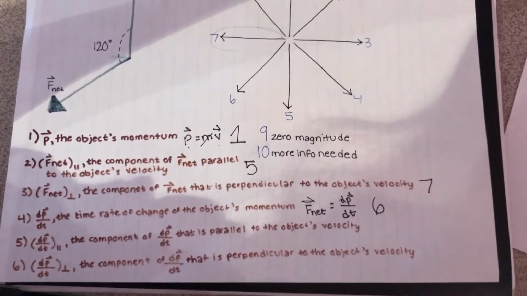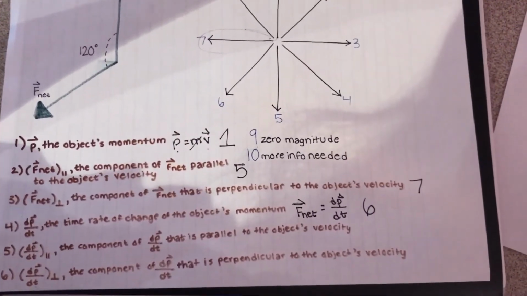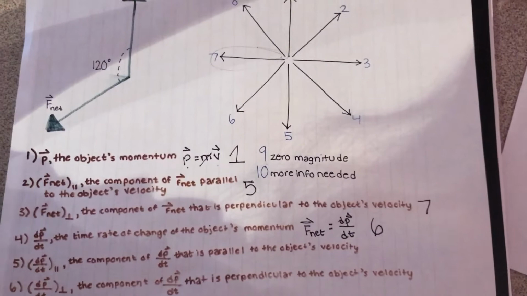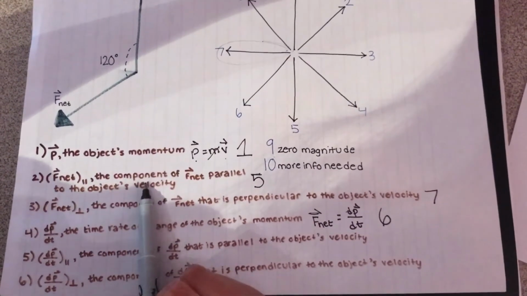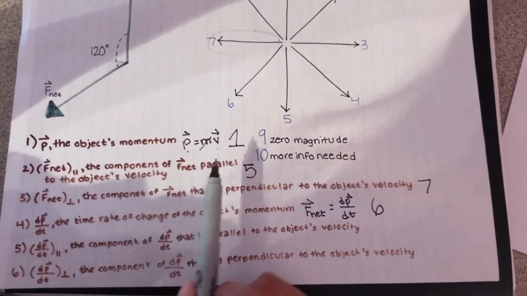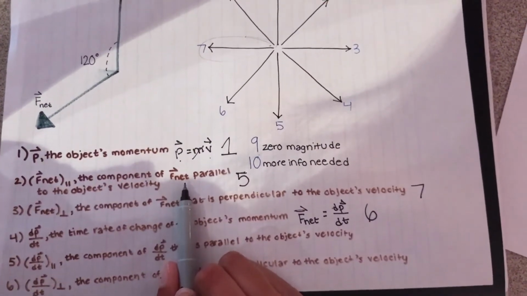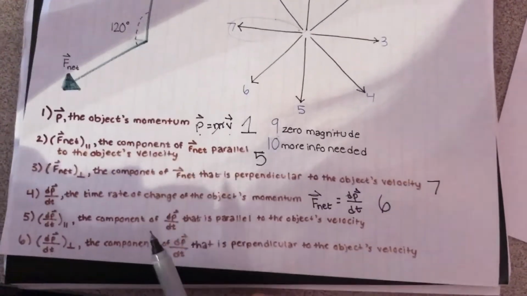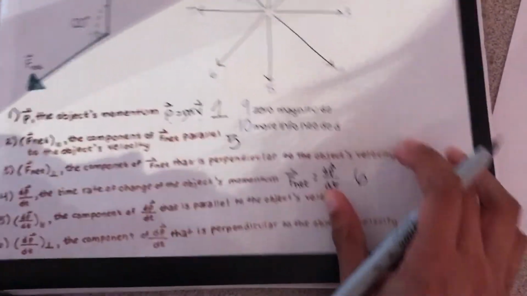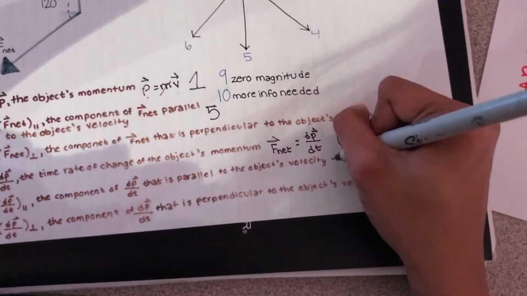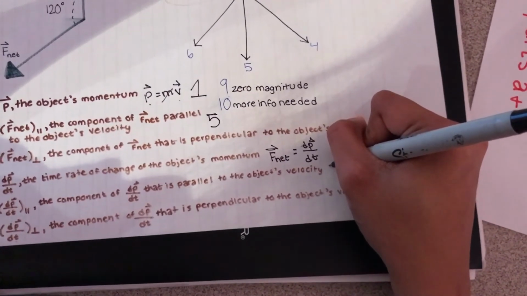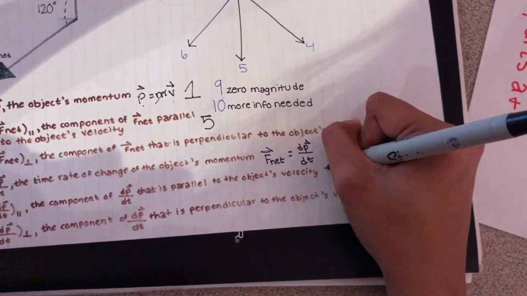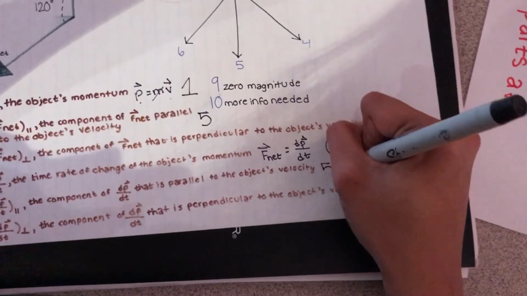Number 5 is asking for the component of dp/dt that is parallel to the object's velocity. In number 2, we had already found the component of the net force parallel to the object's velocity, and relative to time it would be the exact same direction. So the component of dp/dt parallel to the object's velocity would also be 5.